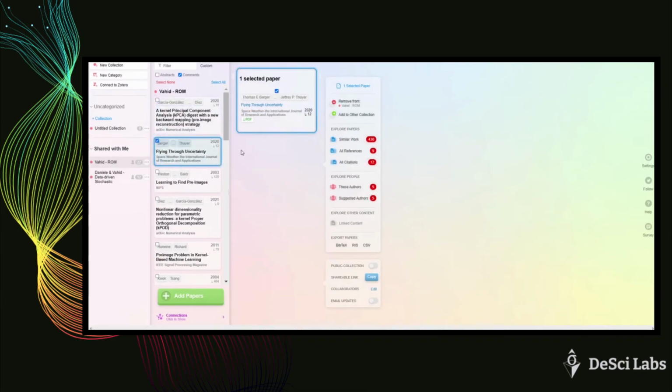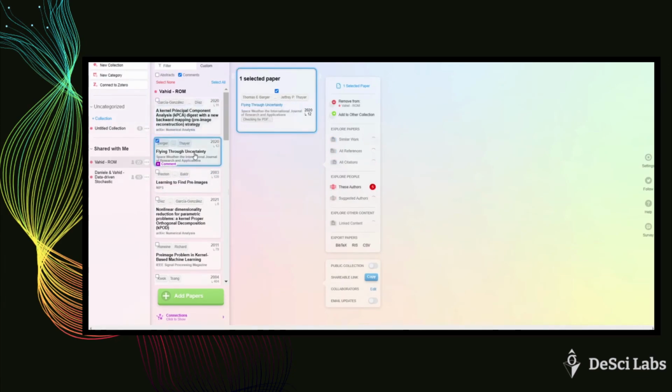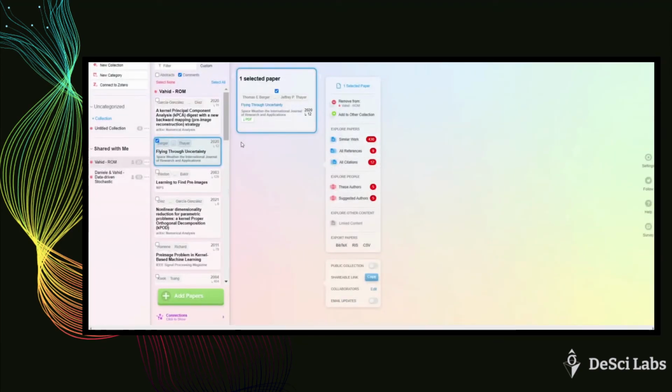Even this was not very easy for me to understand how to work with. Yeah, but here you can click on the PDF. In Flying Through Uncertainty, there was the PDF available. But you can click and you're there. It has to be open source.